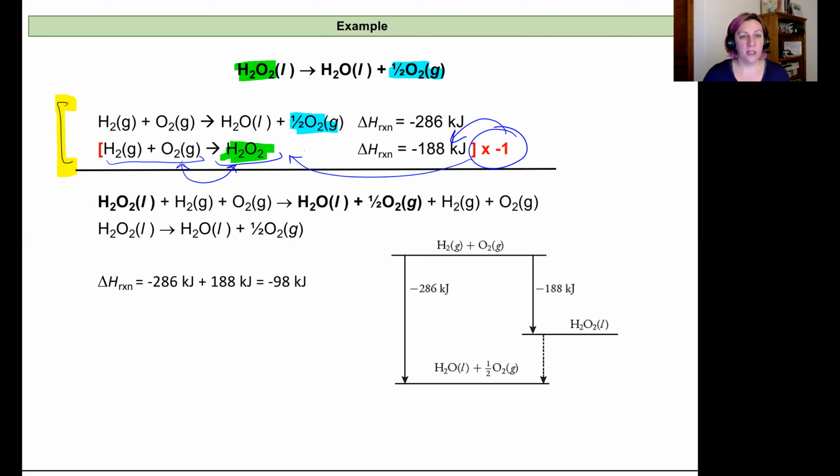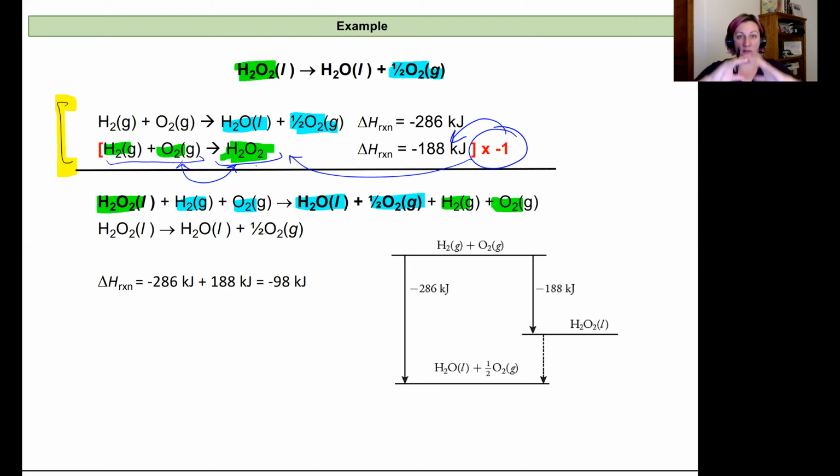So now what I'm going to do is add these up. My hydrogen peroxide now is on my reactant side. My hydrogen and oxygen are on my product side. And for my other one, we didn't actually manipulate it at all. So I still have my half of an oxygen and my water right here, and then hydrogen and oxygen.